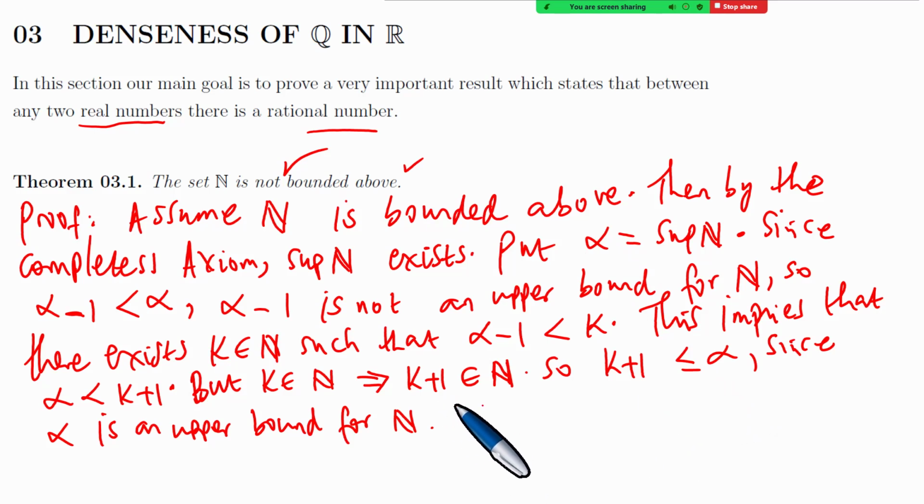Then we have that k plus 1 is an element of n. K plus 1 itself must be less or equal to alpha. Why? Since alpha is an upper bound of n, if you pick anything, like k plus 1, from n, then it must be bounded above by alpha because it is a natural number. Every natural number will have to be bounded by alpha because it is an upper bound.